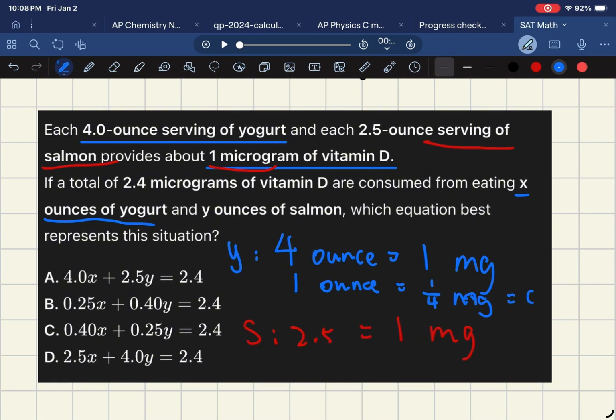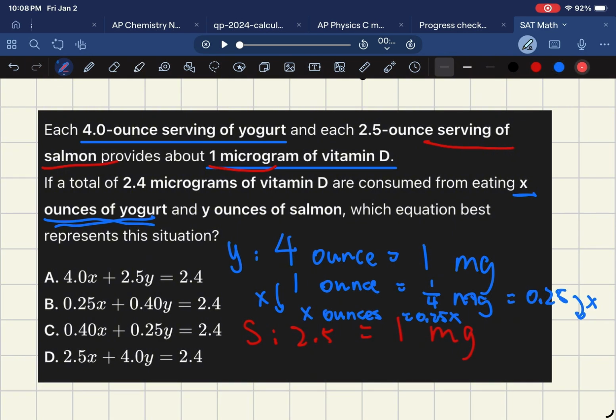We know we have to have 0.25x in our equation, so we can already cross out A, C, and D because they don't have 0.25x. But for the sake of the question, let's continue with the salmon one.